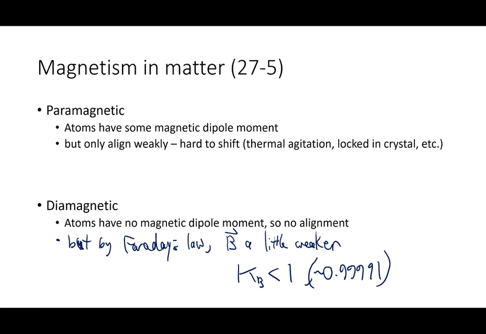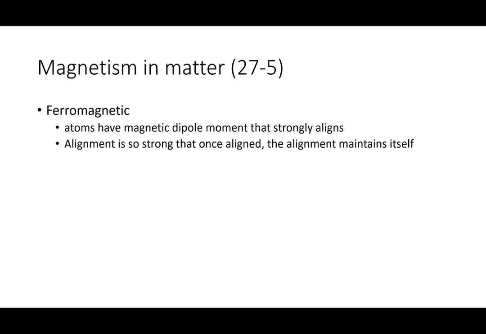Then the third case, which is probably the most interesting, is the ferromagnetic material, where the atoms have a strong magnetic dipole moment that strongly aligns. This alignment is so strong that once you align it, the magnetic field created by the alignment can maintain itself, and that's where you get the idea of a permanent magnet.